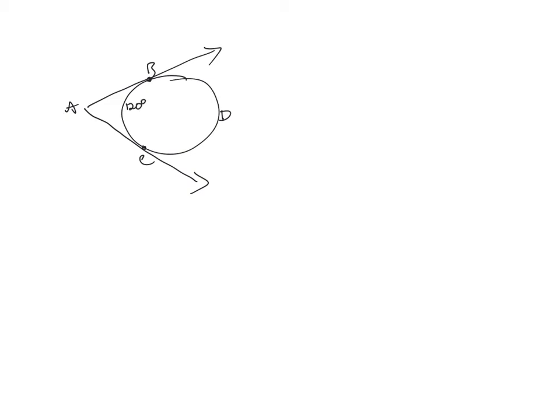So if from B to C this way is 120 degrees, and I'm trying to figure out the angle, well, because it incorporates the whole rest of the circle, I can do 360 minus 120, which is 240 degrees. So that's this other arc.